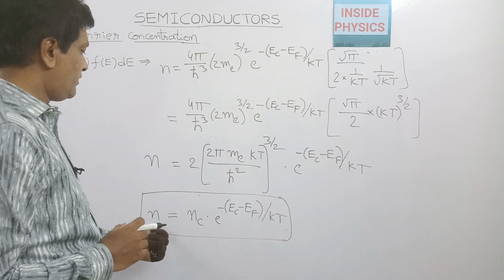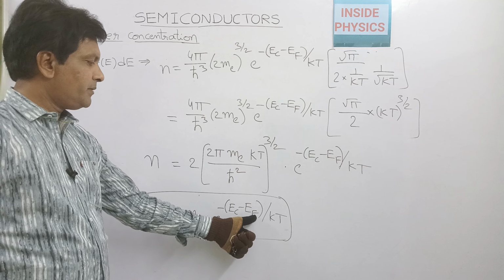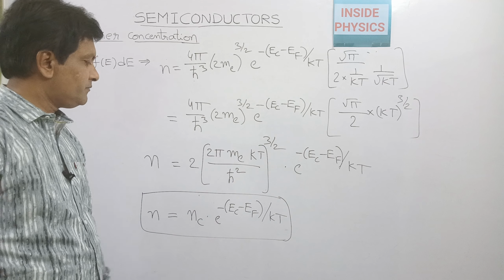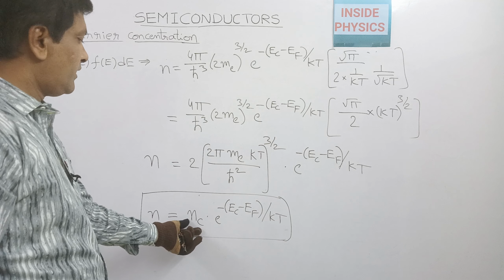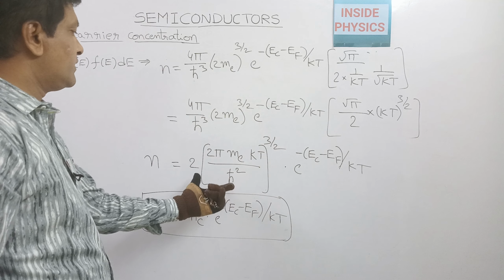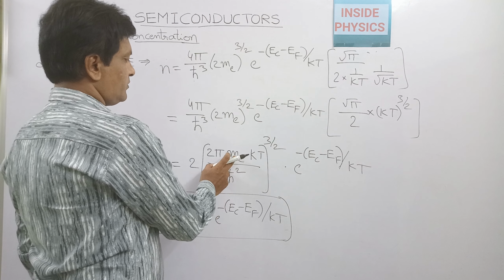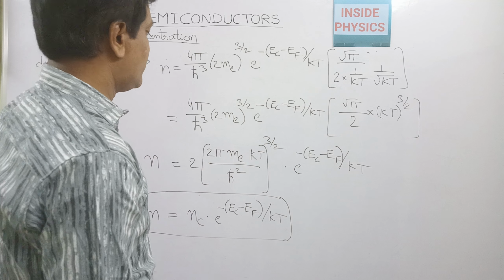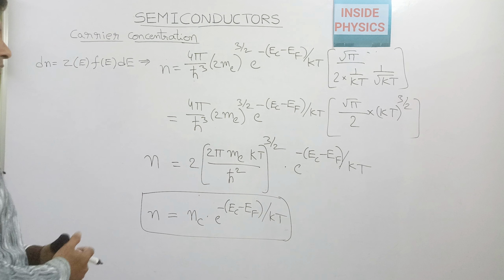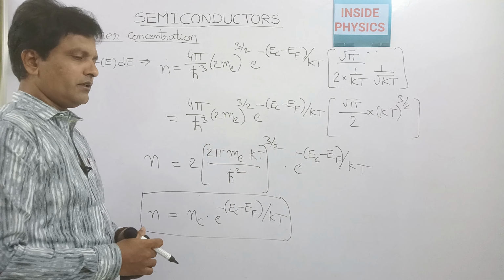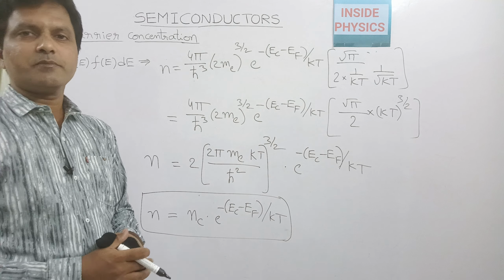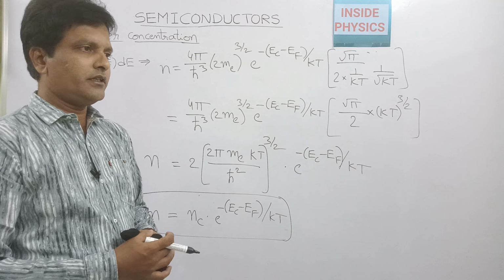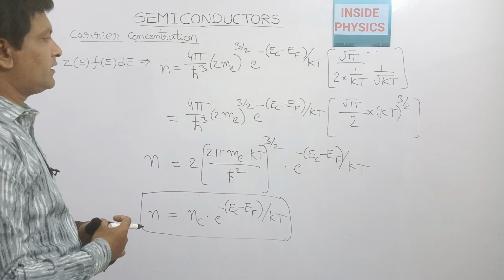The number of electrons is directly dependent on the Fermi energy level, and the term Nc consists of the effective mass of electron and the Boltzmann constant. So in this way we have derived an expression for the electron density in an intrinsic semiconductor.